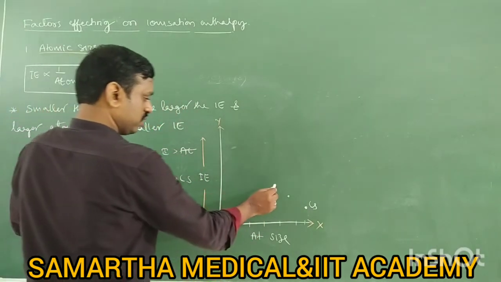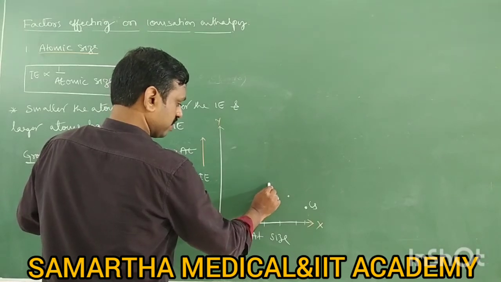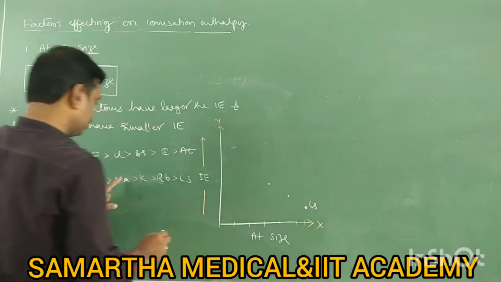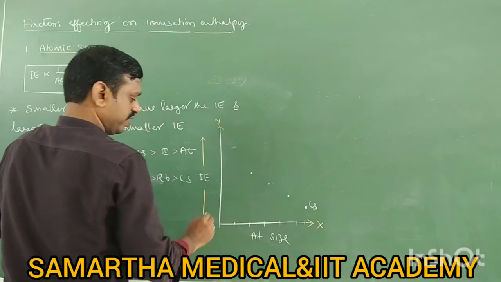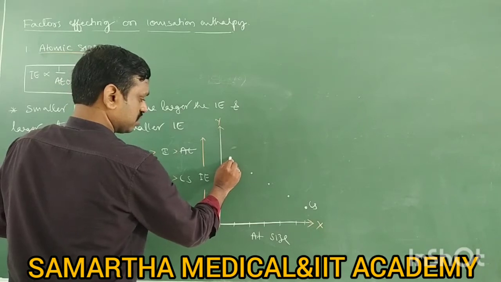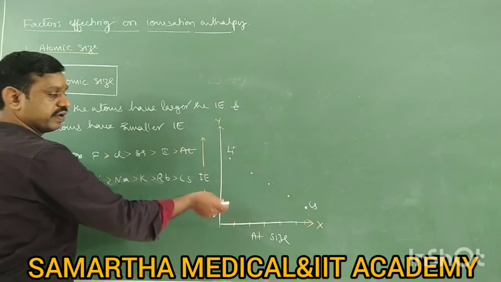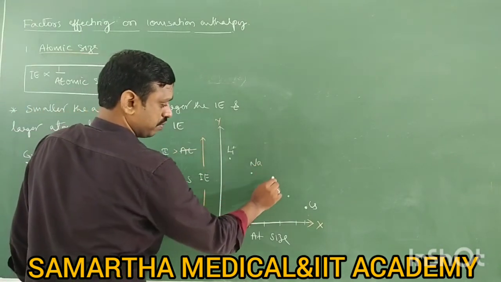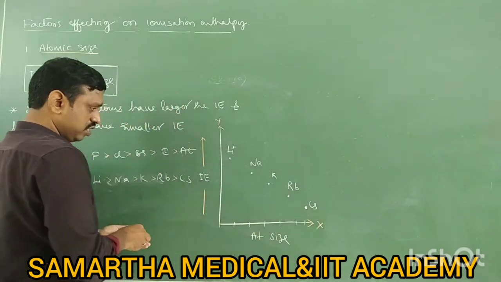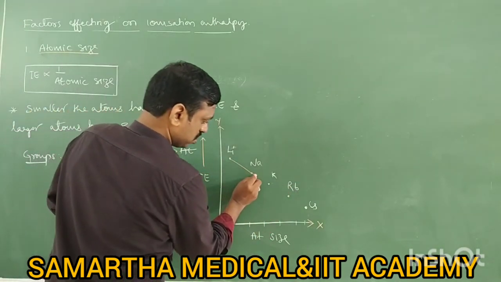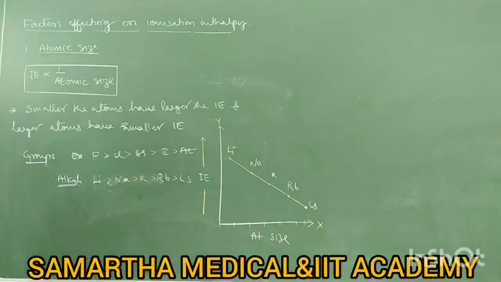Next, potassium, still a little more, somewhere here. Next, sodium, still a little more. Next, it is highest: lithium, ionization enthalpy is very, very high. Next sodium, next potassium, next rubidium. So this is the graph of ionization enthalpy in a group.